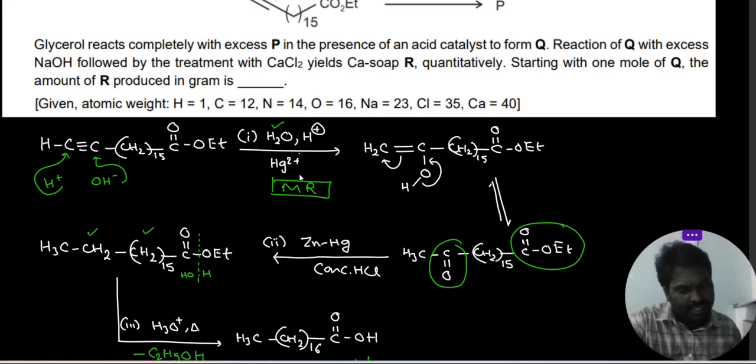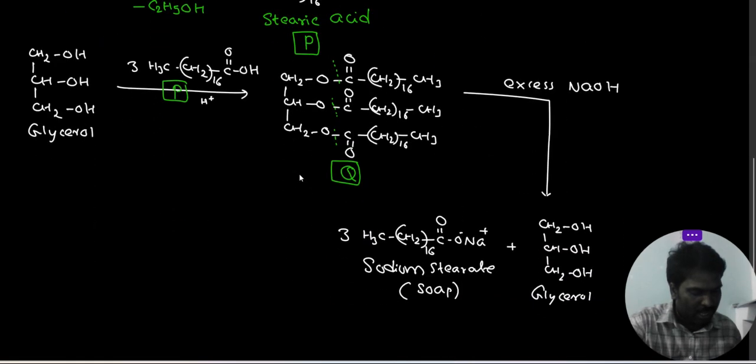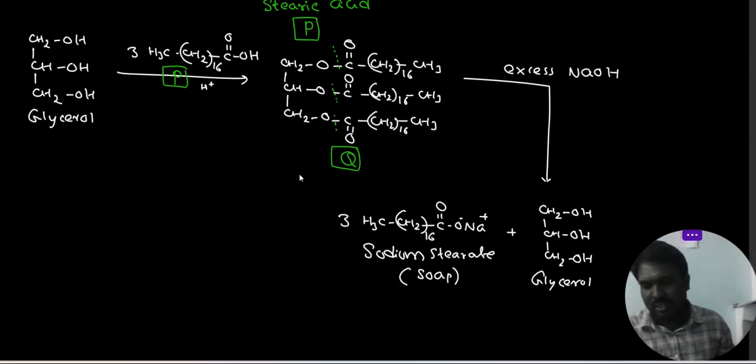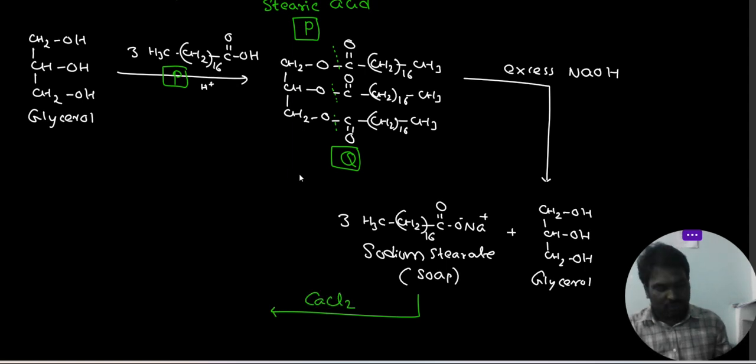Then, followed by treatment with calcium chloride, calcium soap R is formed. Calcium is divalent, but sodium is monovalent.